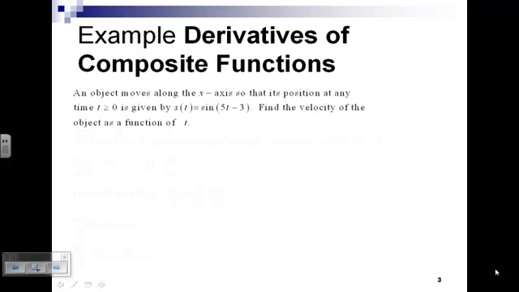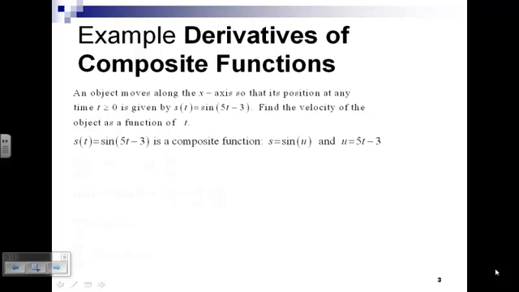If we want to find the derivative function, the velocity function, we will do so by thinking of sine of 5t minus 3 as two functions. An outside function, the sine function, and then an inside function, 5t minus 3. And now we're ready to do the mantra.